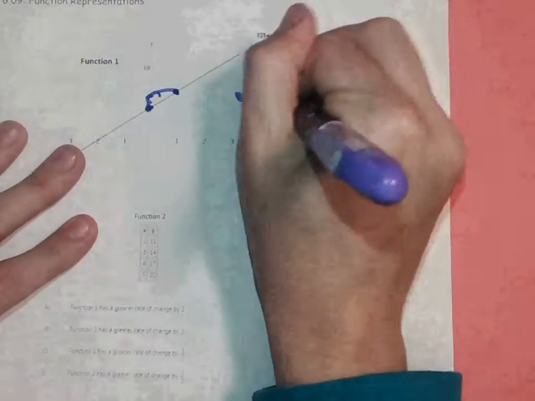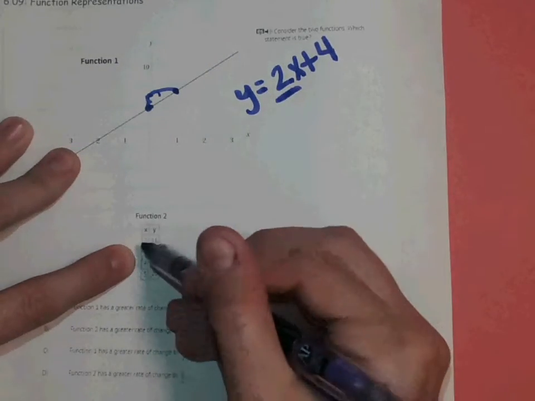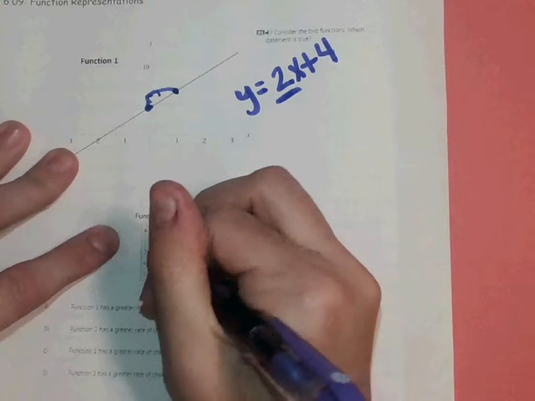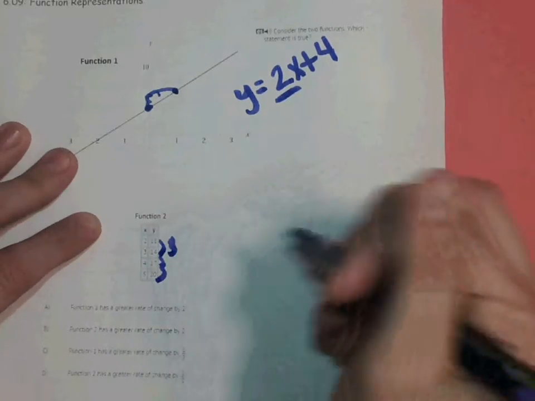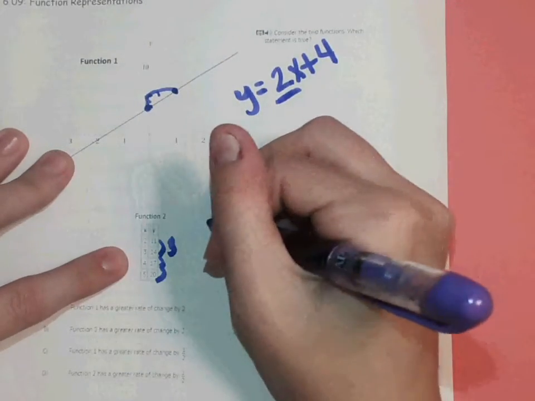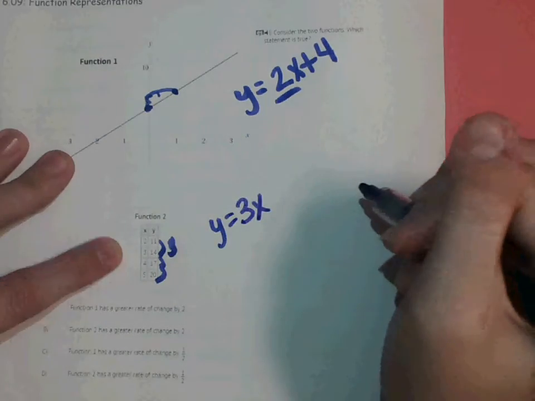But our slope is 2. This one we're changing by a constant rate of 1 over here, but we're going up 3 each time. So this one has a rate of change of 3.